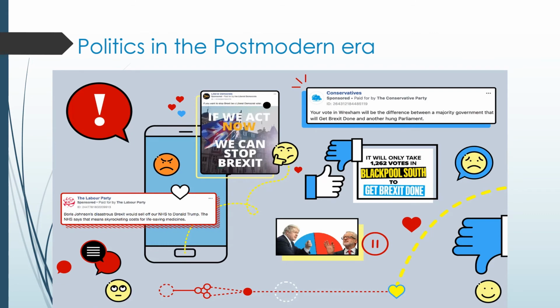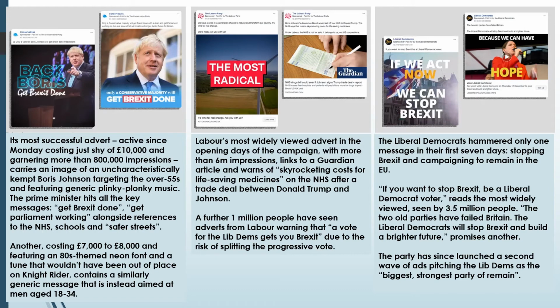And in terms of postmodernism in the political era, just some stuff that came up from the most recent 2019 election, or some points I wanted to flag up about the role of new technology in influencing political campaigns. Now, just some research I did. So the Conservatives spent a considerable amount of money pushing their campaign, with targeted adverts being put into particular areas.